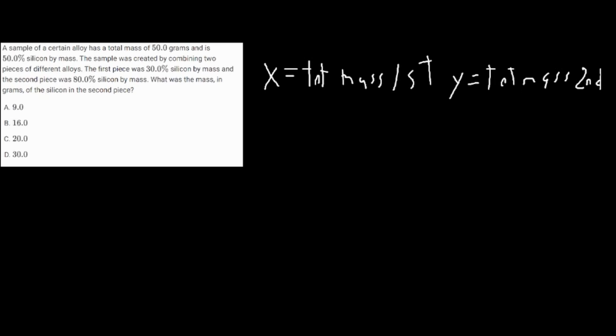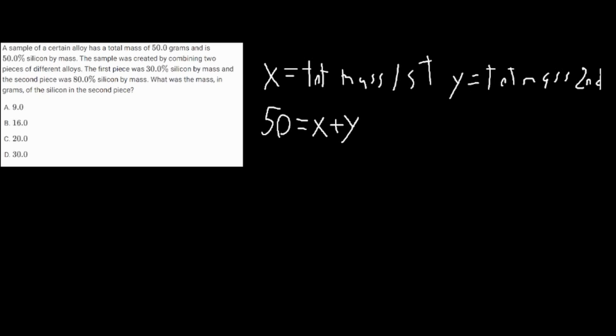Okay, so now that we've got that established, we can start to define our overall equations. So we know that the alloy itself, the finished product, is 50 grams. So that must be equivalent to the added up masses of the first and second alloys used to create it. So we can get the equation 50 equals x plus y.